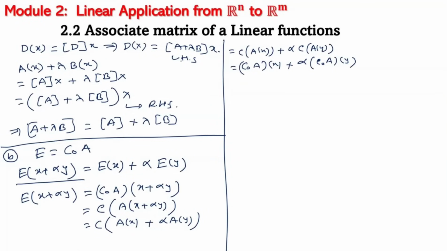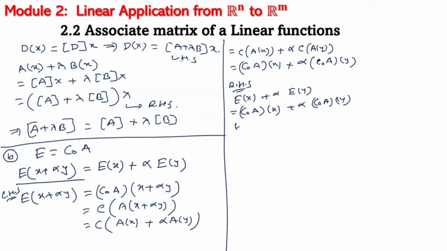So this is the left hand side, and the same way the right hand side. On the right hand side we have Ex plus alpha Ey. This gives you C composition A of x plus alpha C composition A of y.